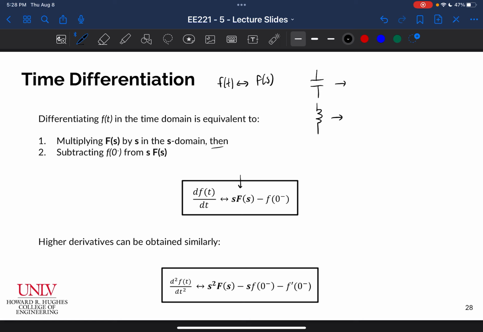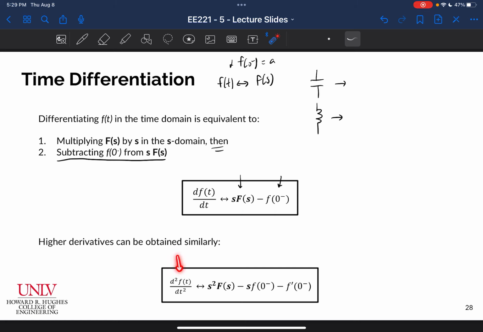And then the second thing that we have to do is subtract the initial conditions from F(s). So here, if my function of t had some f(0-), let's just say equals a, then I would have to subtract that from my s times F(s). But this scales to higher derivatives as well. Taking the first derivative basically results in multiplication minus a constant.